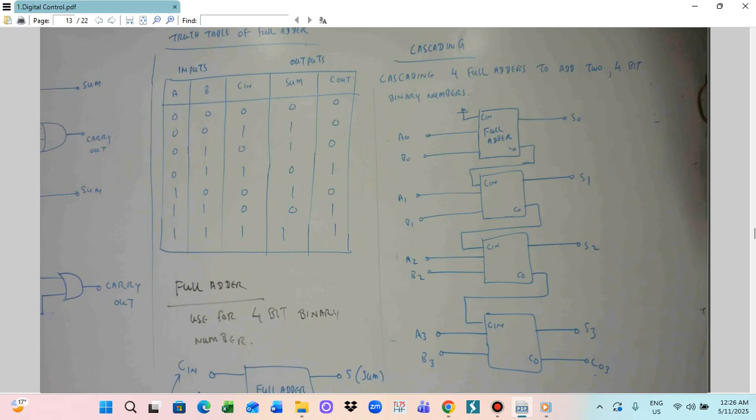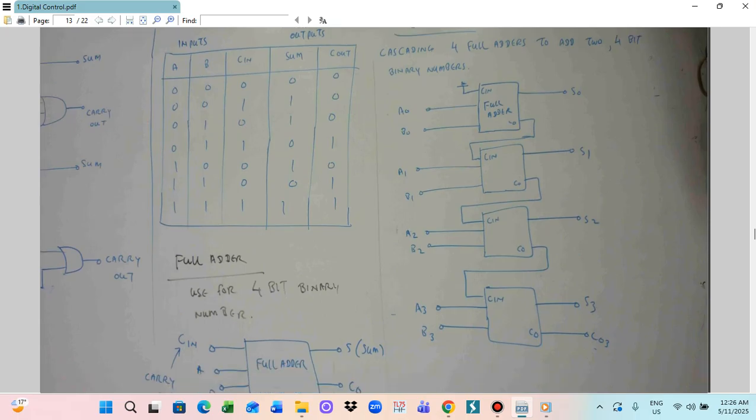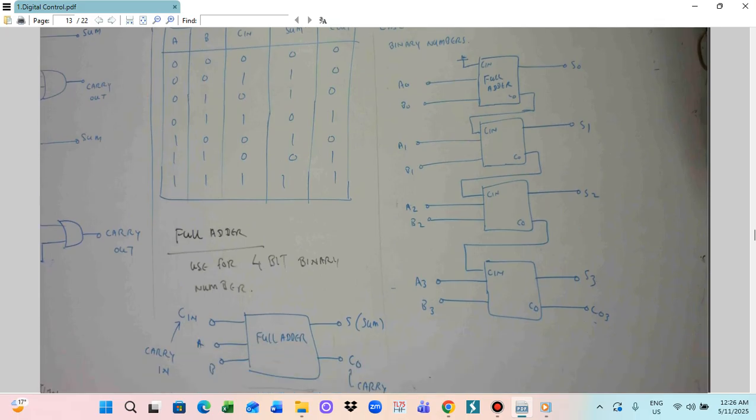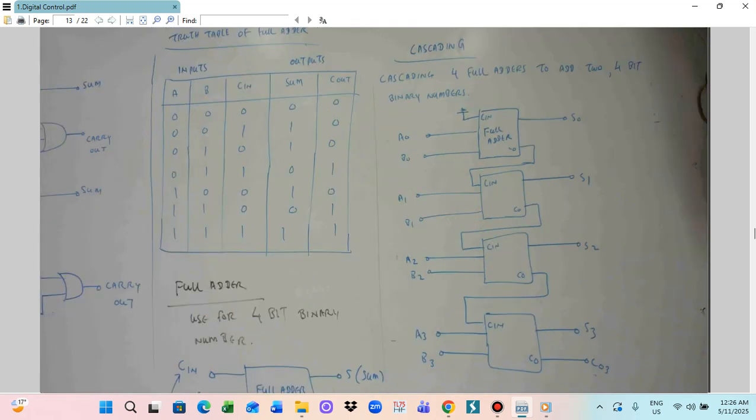So here we have the carry in, C in. C in is the carry in, and this is the A number and the B number. The outputs are the sum, S, and the carry out, CO. C in is the carry in, CO means carry out, and S means sum.